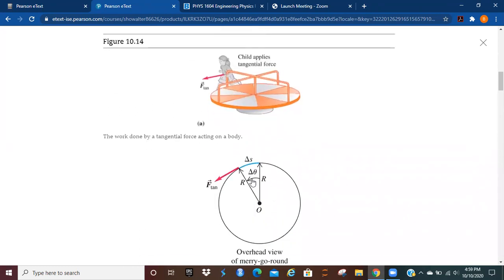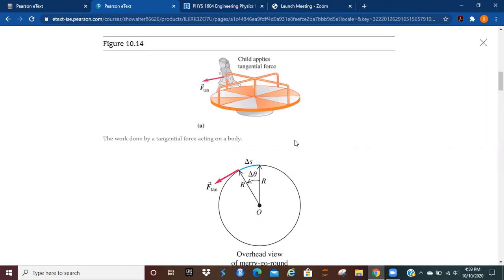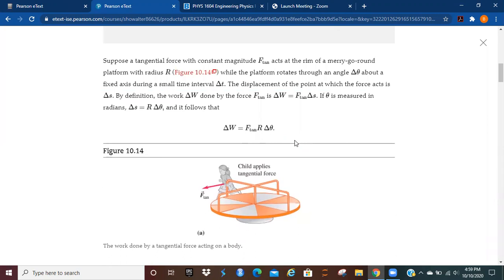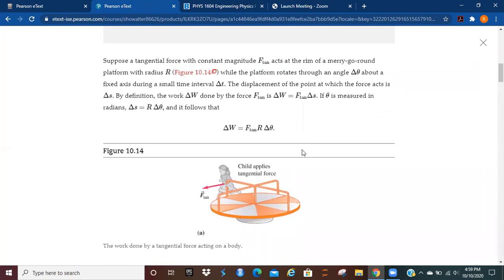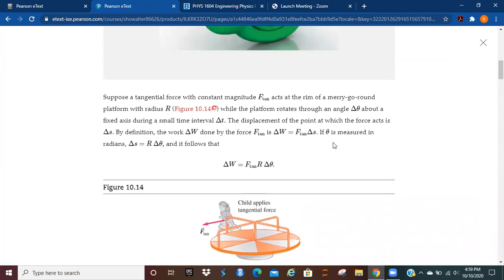So we've got our displacement of delta theta, and the arc length that is traced out is going to be delta s. The relationship between delta s and delta theta is right here.